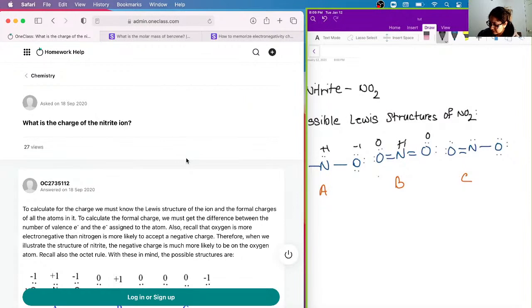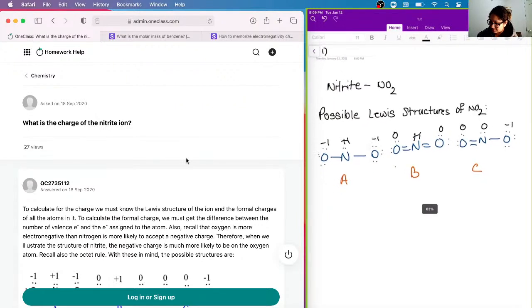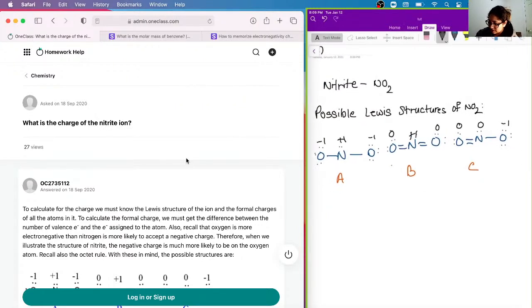And so this makes this terminal oxygen -1. This has a charge of 0, and this also has a charge of 0. Nitrogen has a charge of 0 because nitrogen normally can form 3 bonds, so it basically fulfilled its octet, you can say. So basically, these are the 3 possible structures for nitrite.